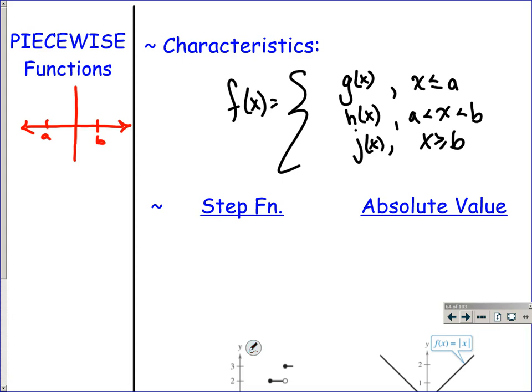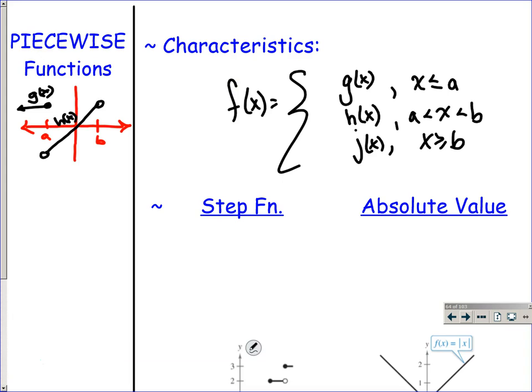Anywhere to the left of A or below A is going to be whatever that graph is. I'm just making up something random. Hey, it's a y equals c graph. And then from here to here would be my h of x.